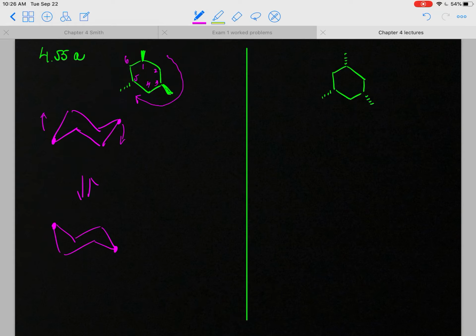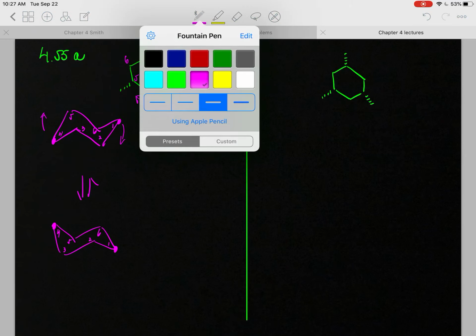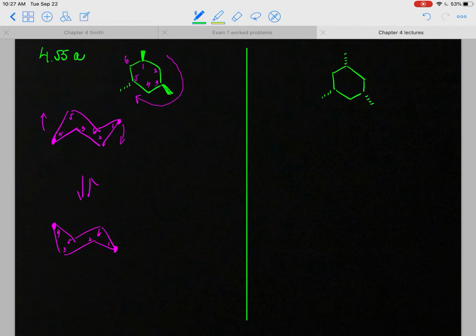So if we are numbering clockwise, we want to number clockwise over here too. Now that we have a systematically numbered cyclohexane ring, we can begin placing the substituents.